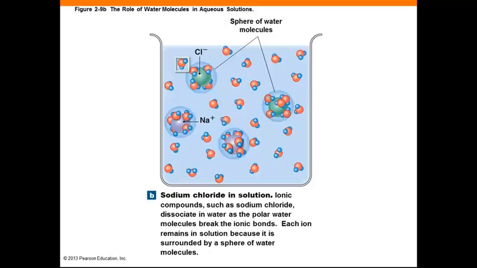Remember, water has polar covalent bonds, and notice how the positive ends, those blue hydrogen portions that are positively charged, are facing the negatively charged chlorine, whereas if you look at the sodium, the Na that's positively charged, you can see that the negative oxygen of the water is facing that positively charged sodium. Remember, opposites attract.